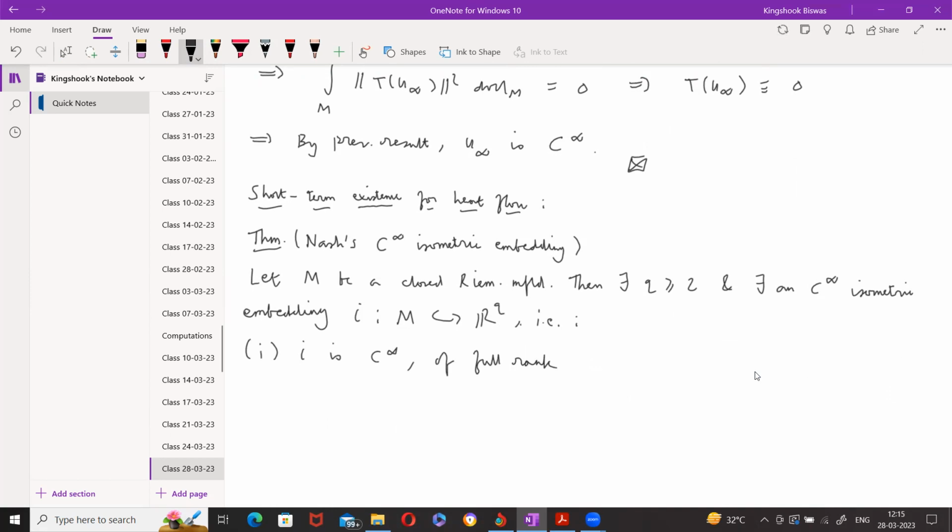So here this Q is strictly greater than N, let's say. So N is the dimension of M, okay? Yeah, so I is C infinity of full rank. So that full rank means that the derivative is injective everywhere. And I is a homeomorphism onto its image. Okay.